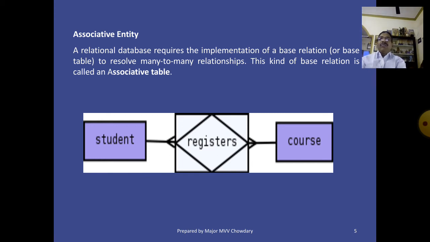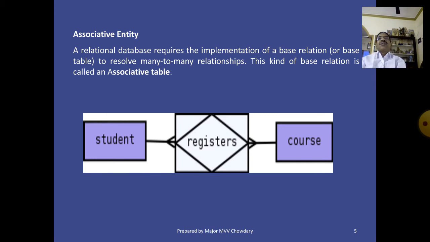This kind of base relationship is called an associative table. If a many to many relationship exists, then we must eliminate it by using composite entities.